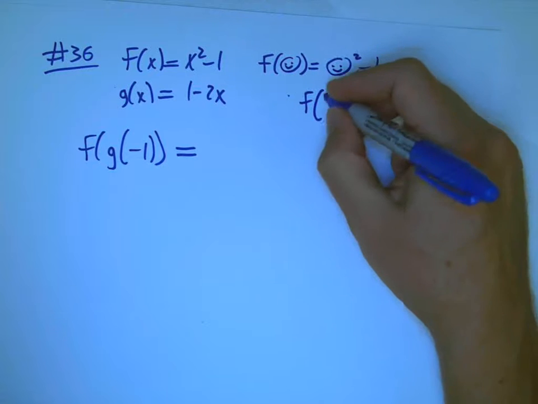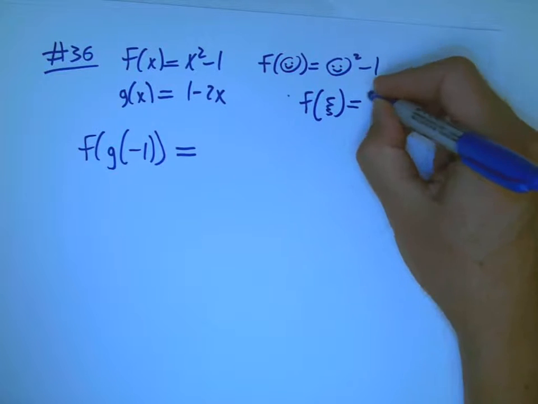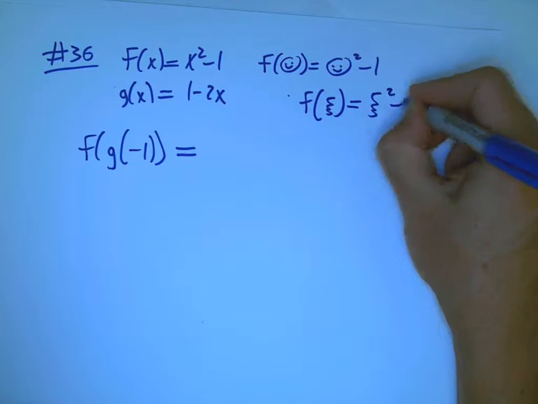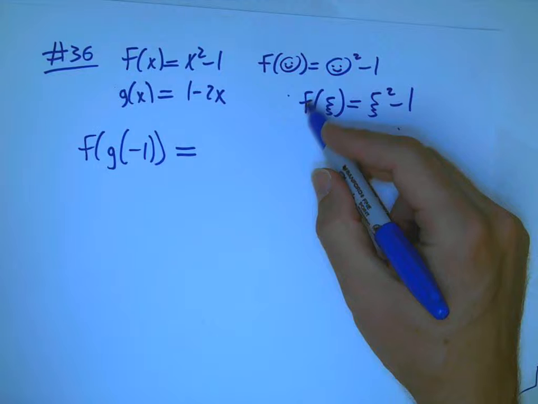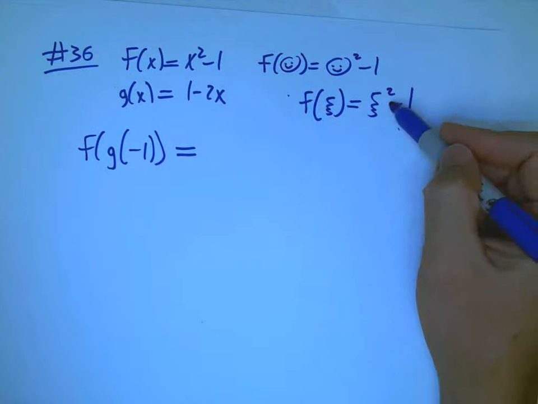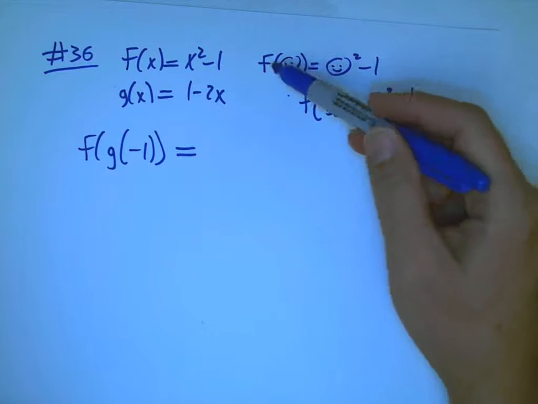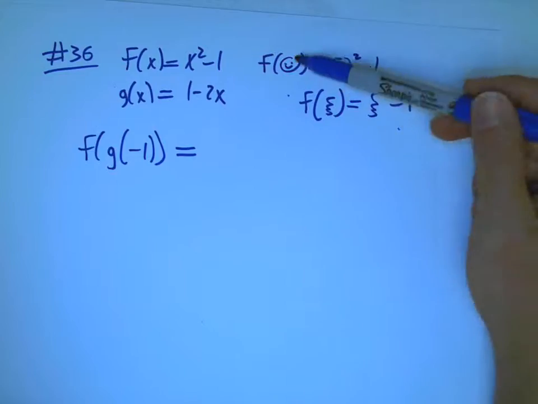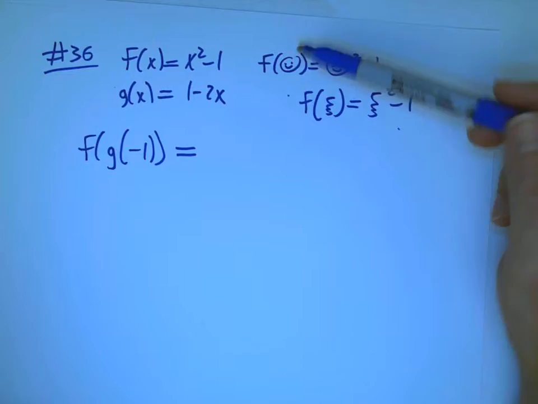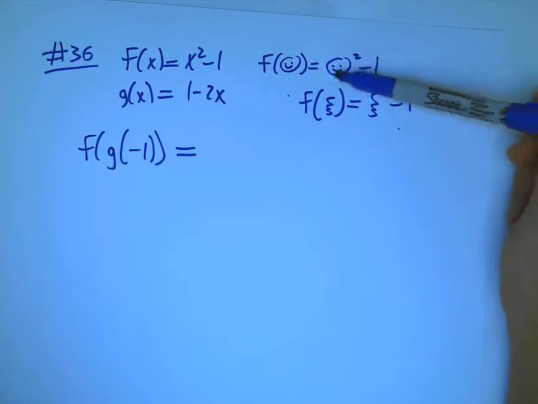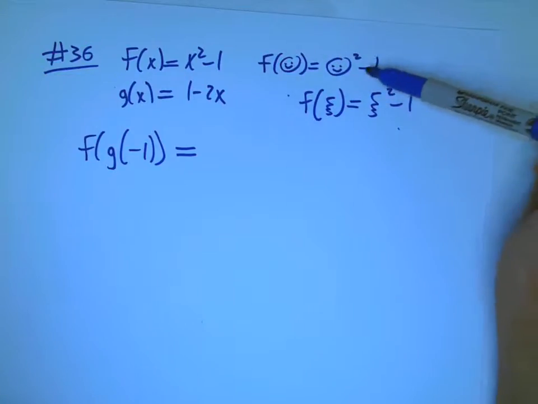Or f of squiggle equals squiggle squared minus 1. Believe it or not, that squiggle is actually a Greek letter. But it doesn't matter what that is. It's not just f of some single symbol is that single symbol minus 1. That's not it at all. It's f of anything in the world is that thing squared minus 1.